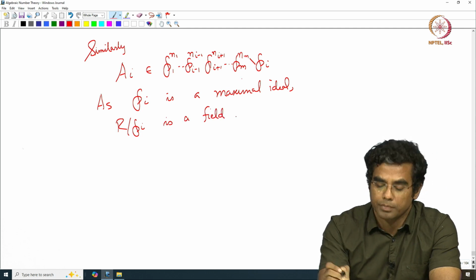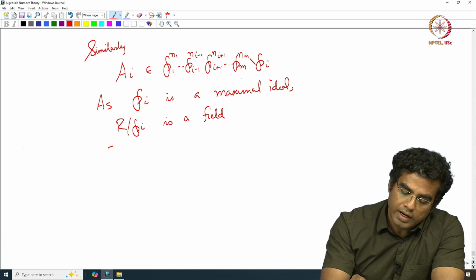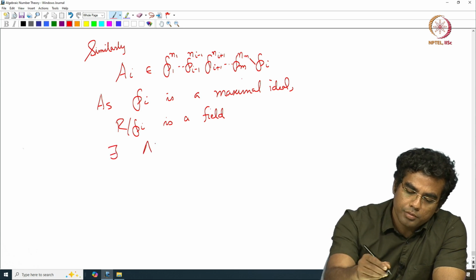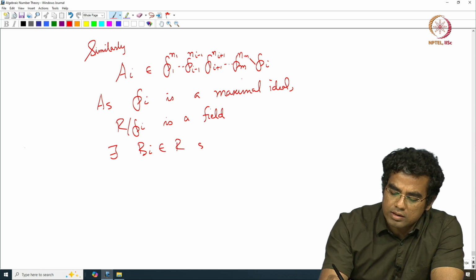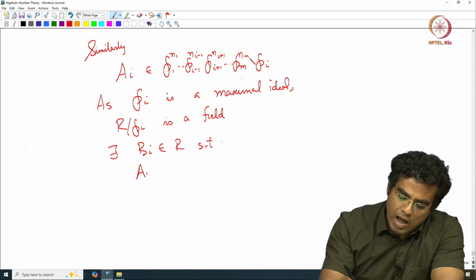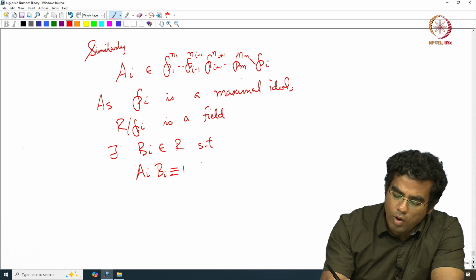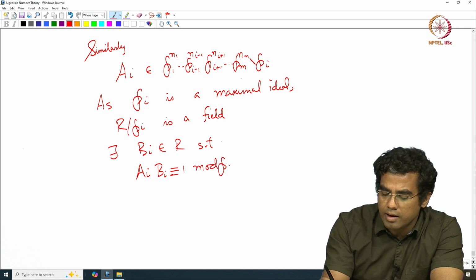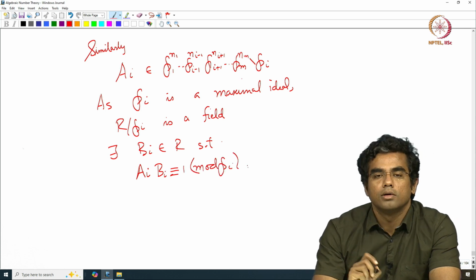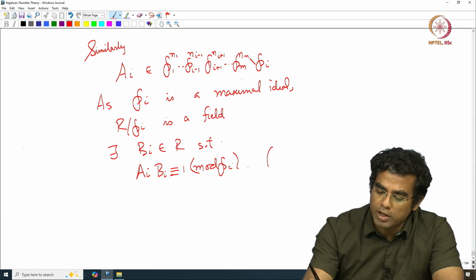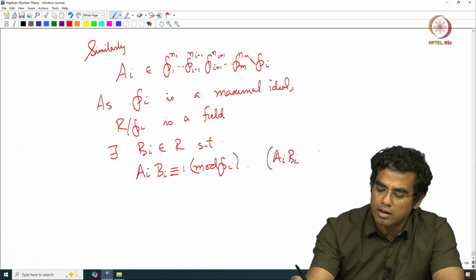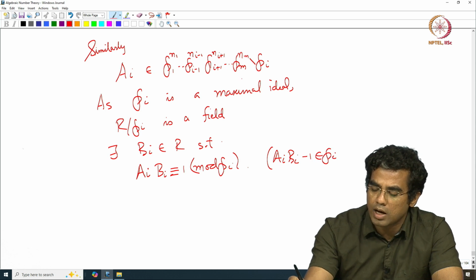Okay. So, there exists for each i a Bi in R such that Ai Bi is congruent to 1 modulo pi. Okay, I am deliberately writing this simply means that Ai Bi minus 1 is in pi. Right.